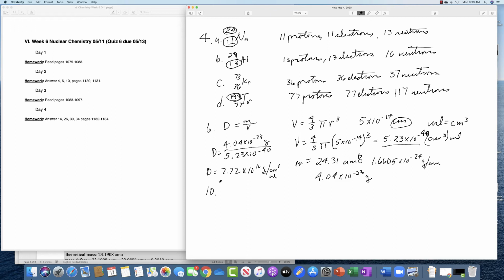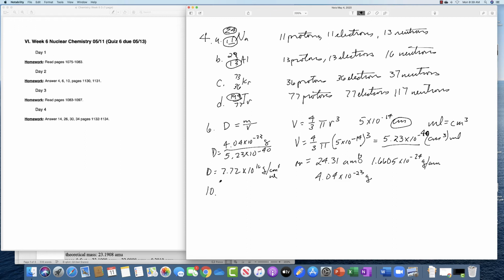Thallium 210, if you subtract 81 from 210, you get 129. And 81, 129 is real close to being outside the band of stability.